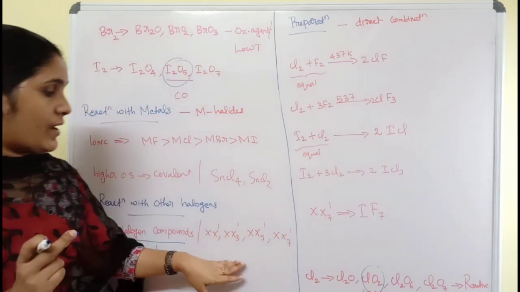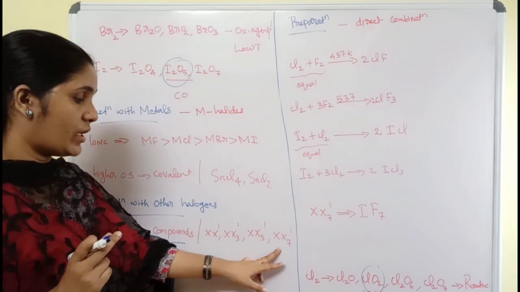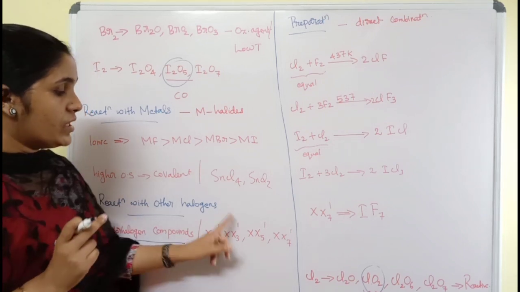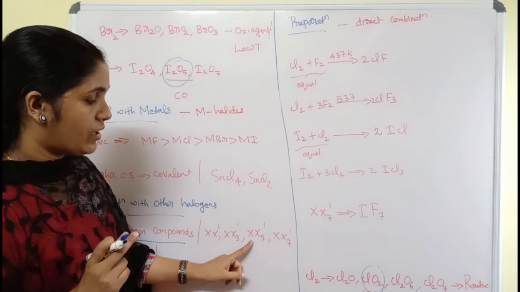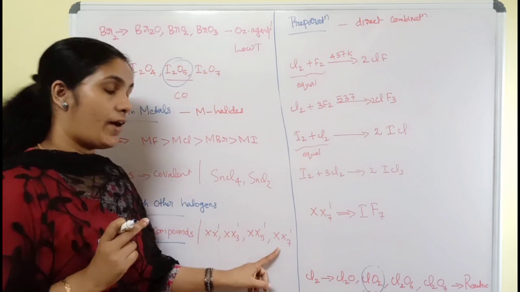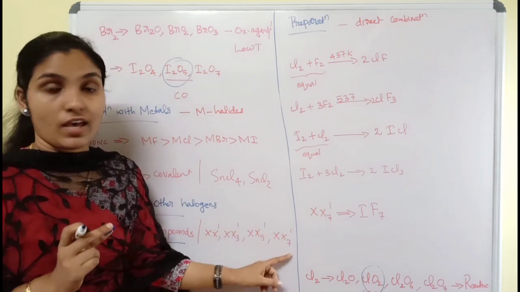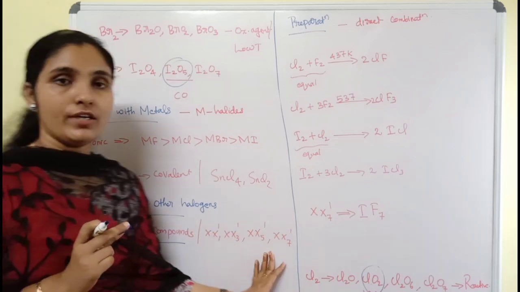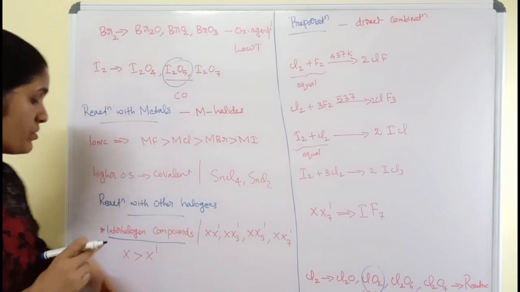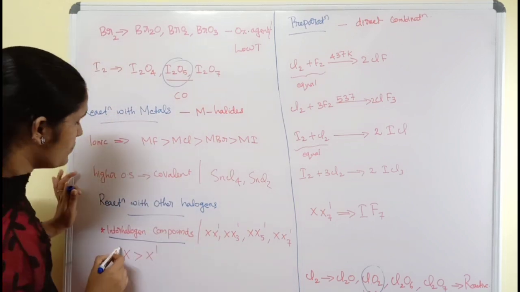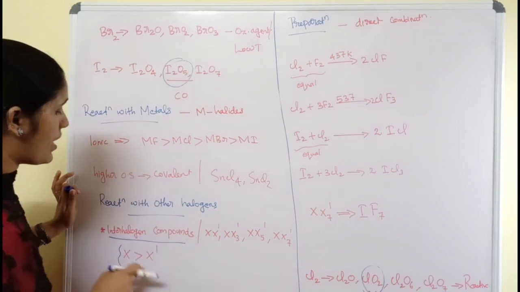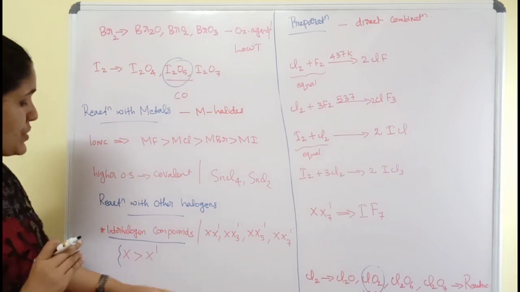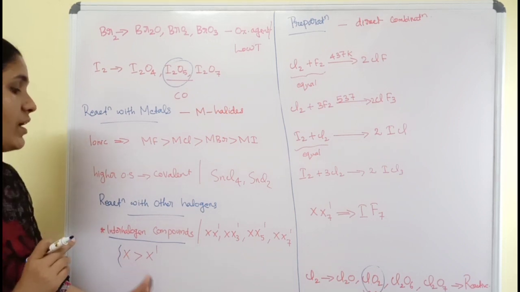Mainly they will form interhalogen compounds of these four types: XX', then XX3', then XX5', and XX7'. Okay, so please note down. These are the four major types of interhalogen compounds. One condition is there: X should be larger than X'.